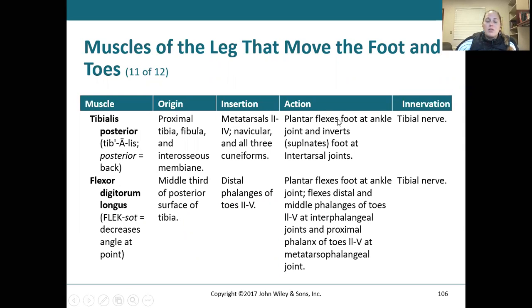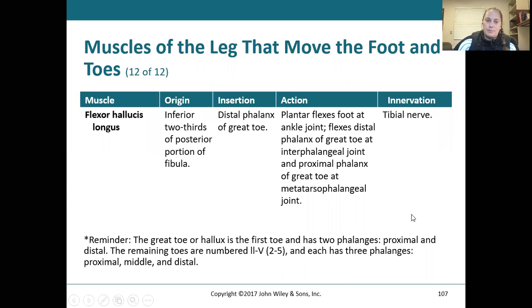Tibialis posterior plantar flexes the foot at the ankle joint and supinates the foot at the intertarsal joints. And the flexor digitorum longus plantar flexes the foot at the ankle joint, flexes the distal and middle phalanges of toes at the interphalangeal joints and the proximal phalanx of toes 2 through 5 at the metatarsophalangeal joint.